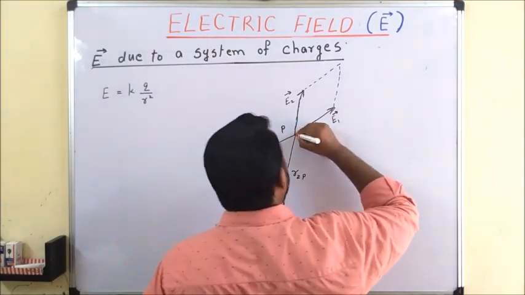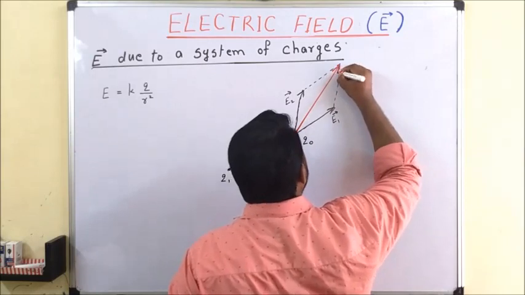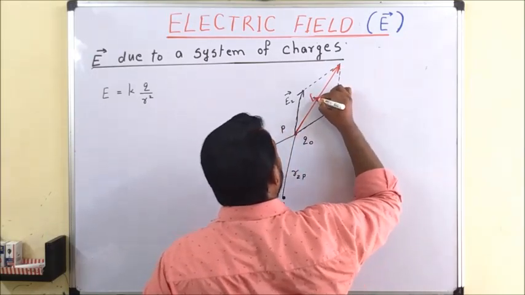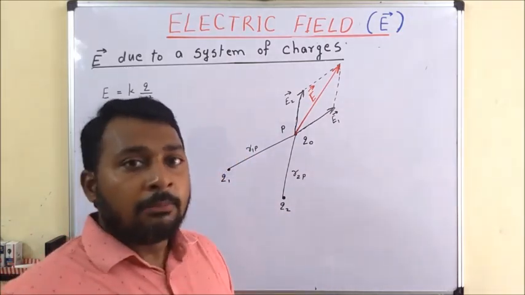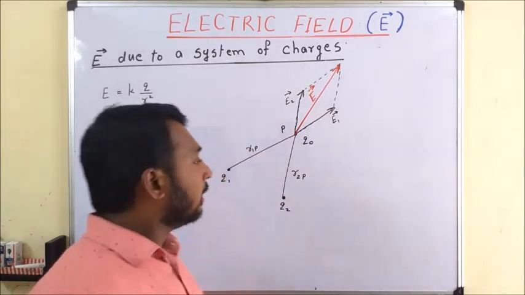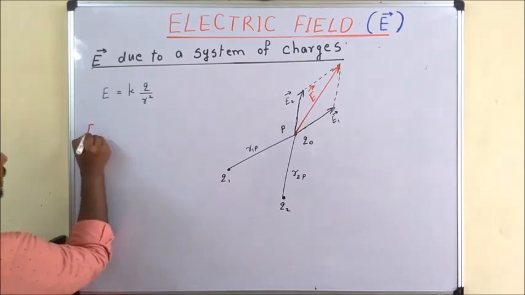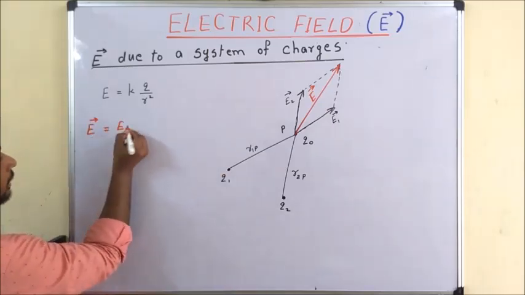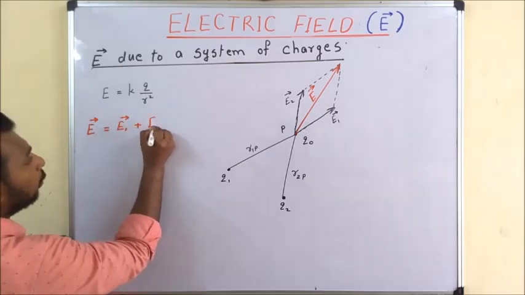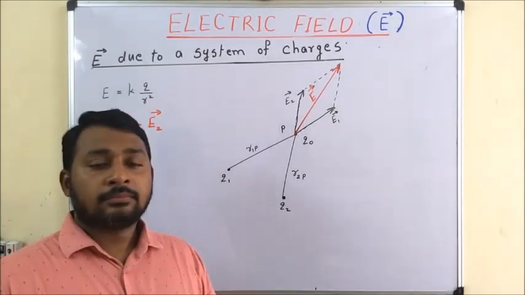So this is the diagonal, and this is the net electric field E. Mathematically you can write that vector E is the sum of vector E1 and vector E2.